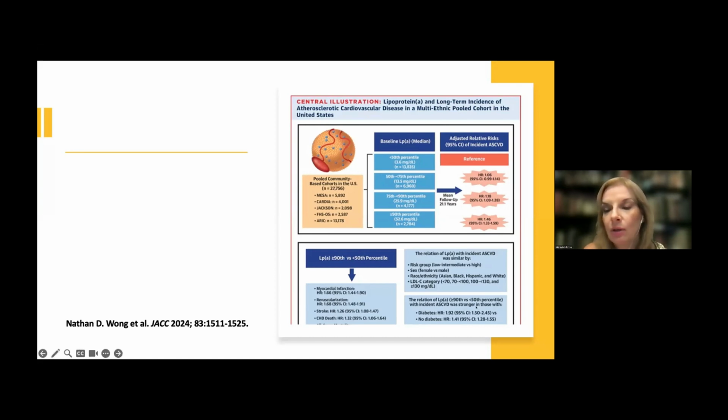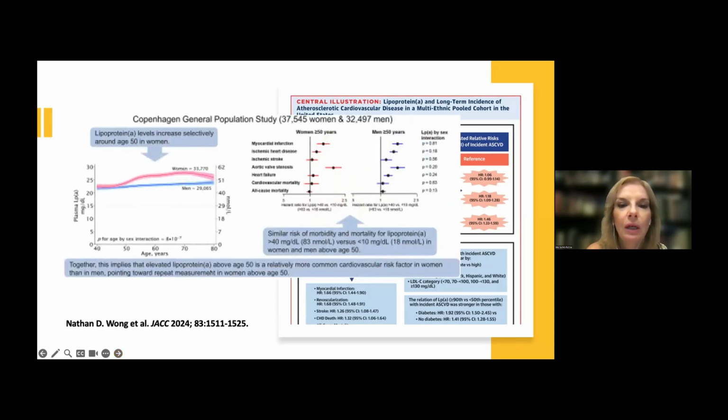This relation is reinforced by the incidence of diabetes, so diabetic patients with higher LPA bear a higher risk for cardiovascular events. And this is another important finding to keep in mind. In these population studies, the authors noticed that the levels of LPA in men remain approximately constant through the lifetime.